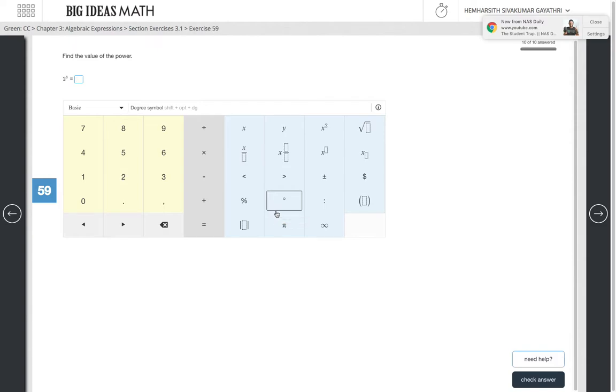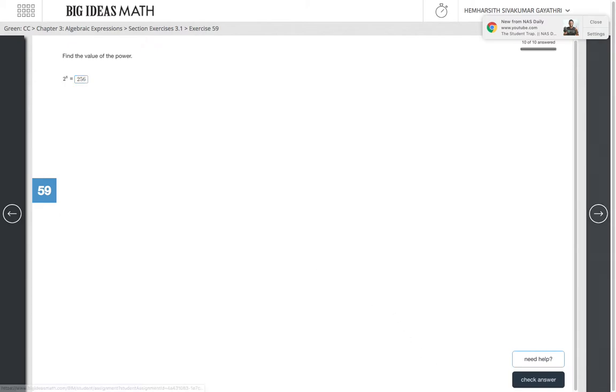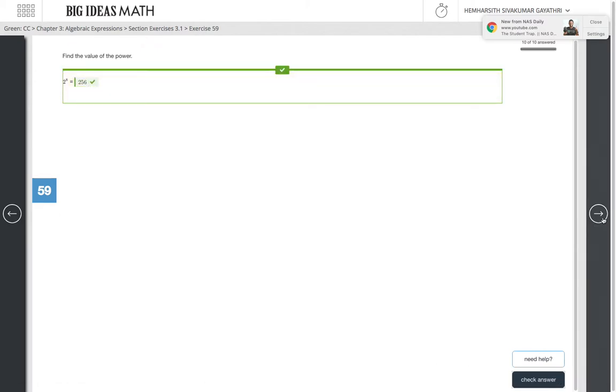If you want to keep going, 256 times 2 is 512, 512 times 2 is 1024, and 1024 times 2 is 2048. So it just keeps on going and going. So I think the answer is 256. And I got it correct.